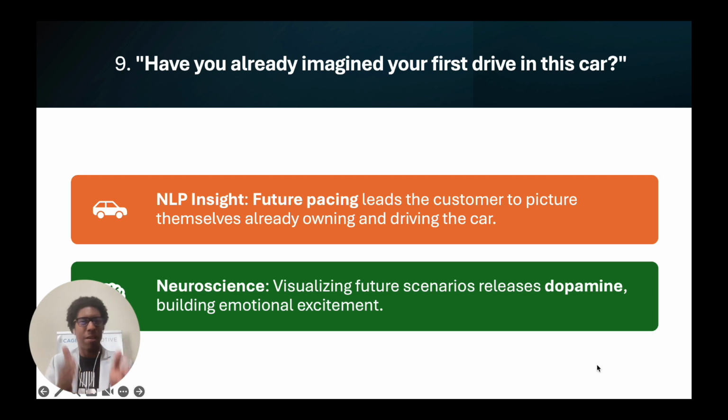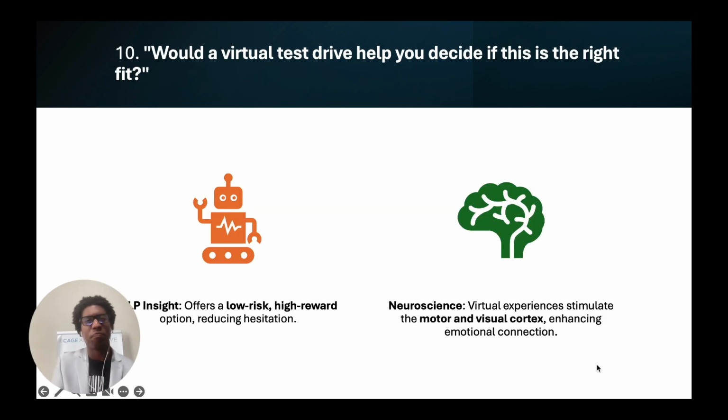It's just very dry. This is one of those questions that's like an interview question to me. Hey, have you already imagined what you're going to do when you first get the car? And it's a closing question as well, because it's already putting the customer in the vehicle you have if they start talking about what they're going to do in your specific make and model. Make sense? I love that.